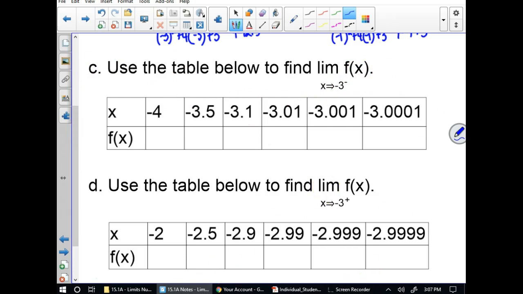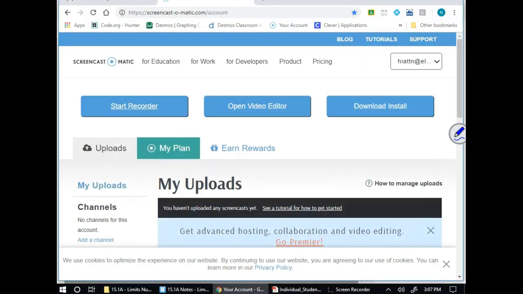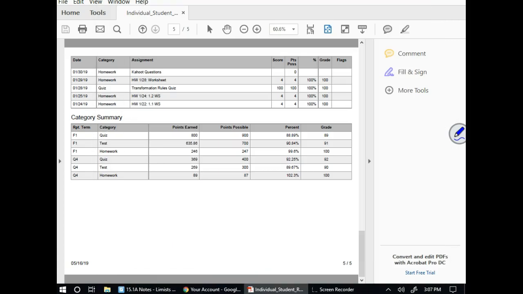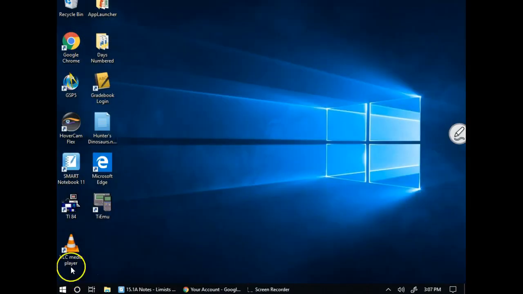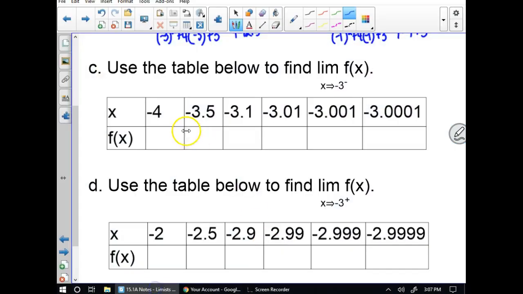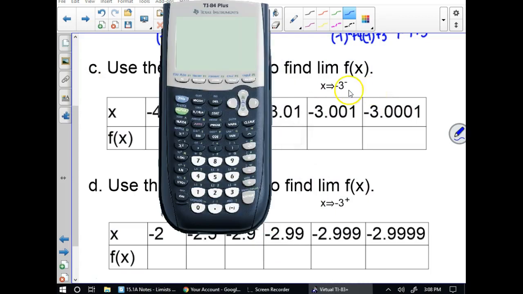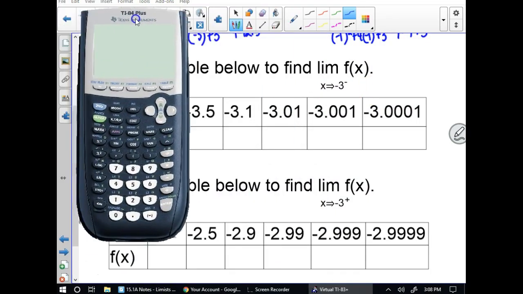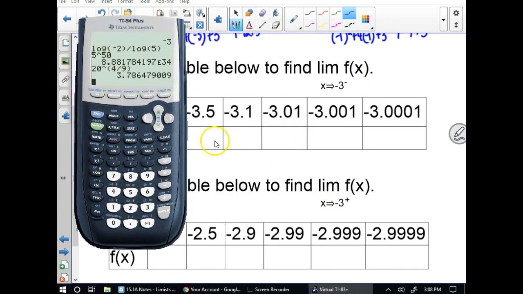And to do this, I'm going to use the calculator. So let me grab the calculator here.